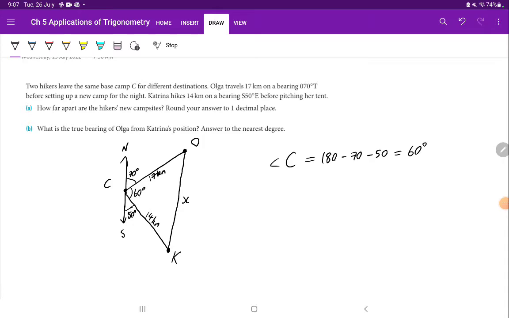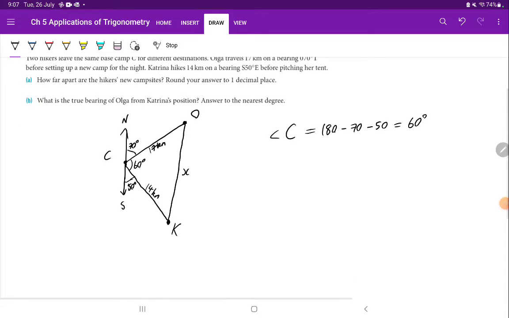So what I like to do now, redraw the triangle, removing all of my scaffolding, and then try to solve. So I've got 60 degrees here, C, O, and K. Got X over here.